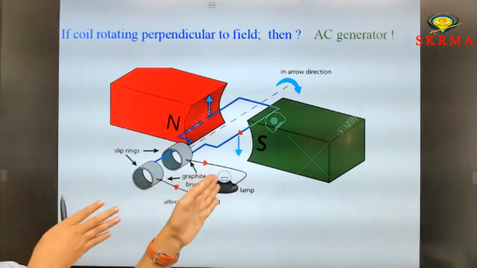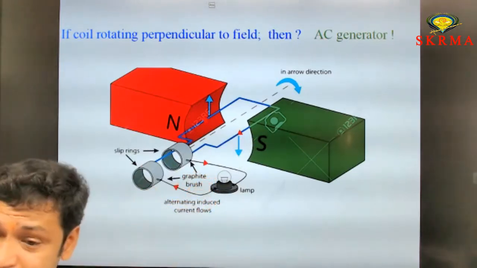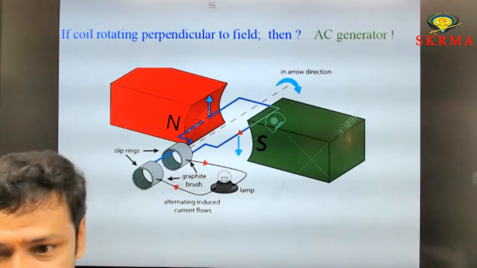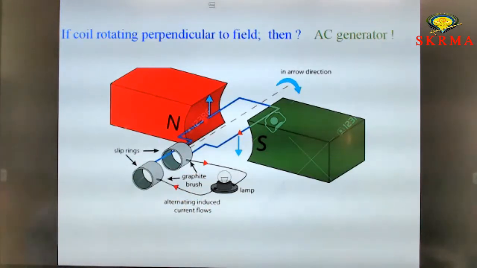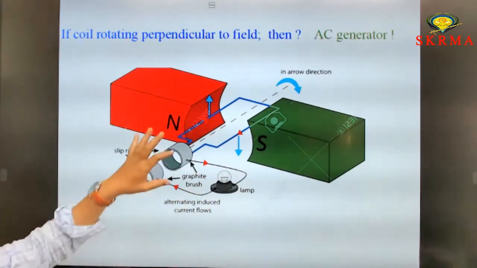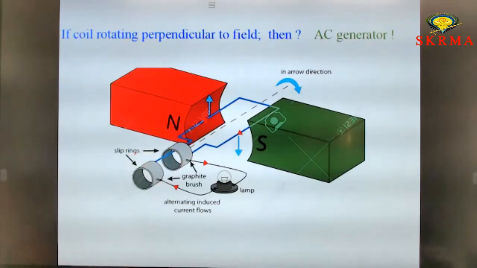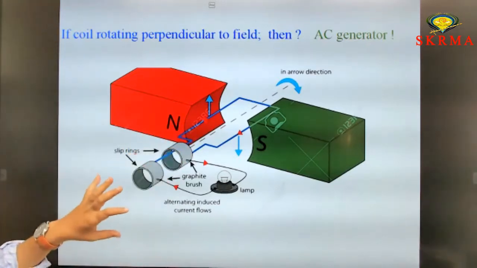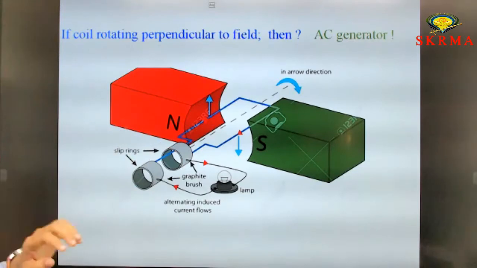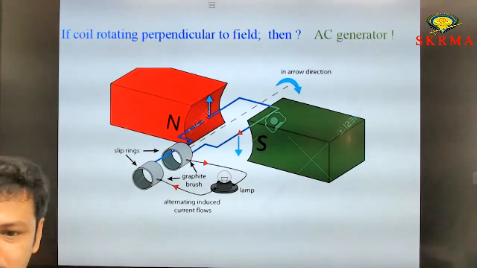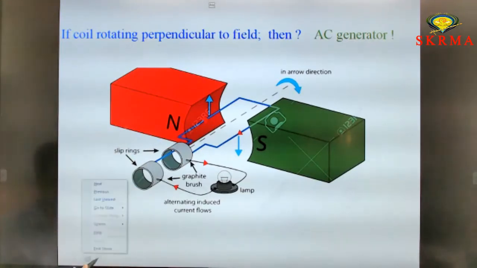That's why in such a case, the electromotive force is maximum. This is the basic structure of the AC generator. How can we derive the equation for the AC generator based upon Faraday's law and Lenz's law? Let us see.